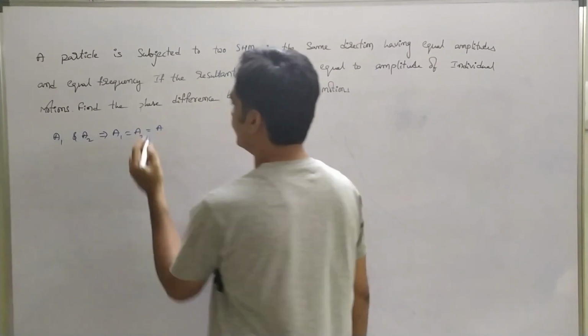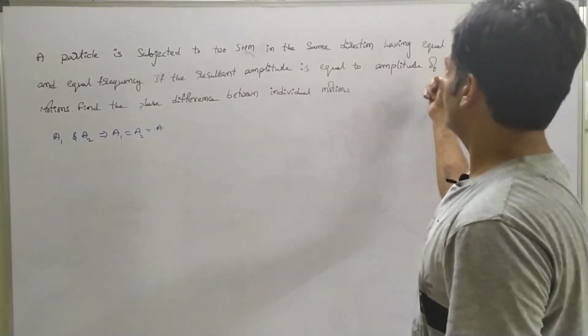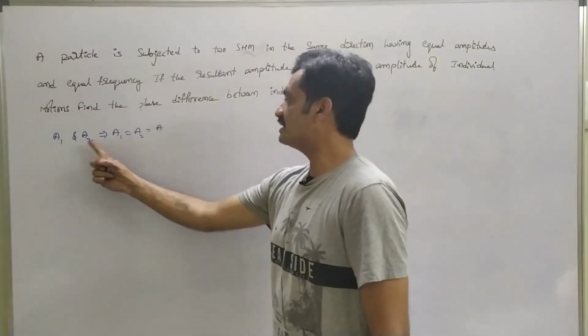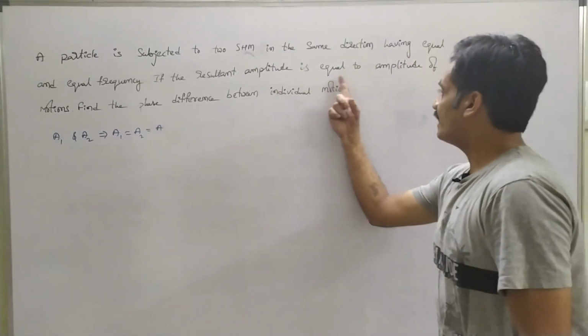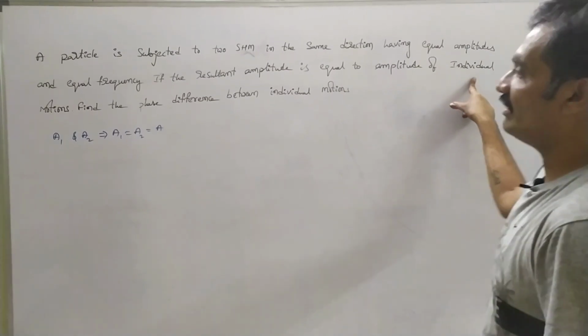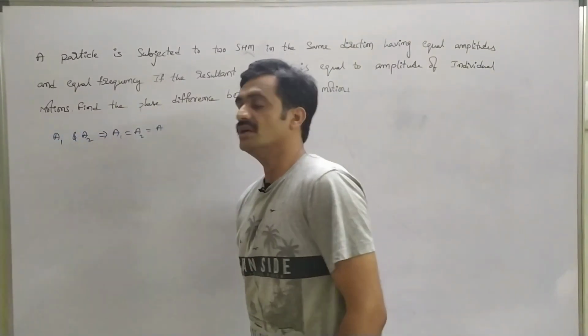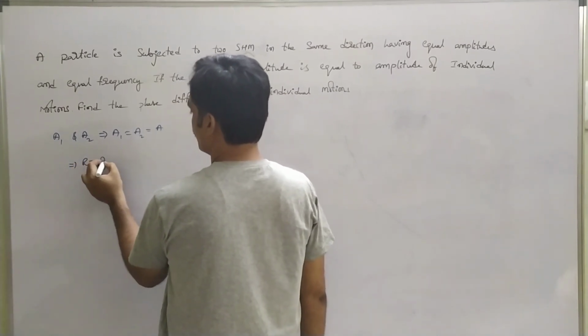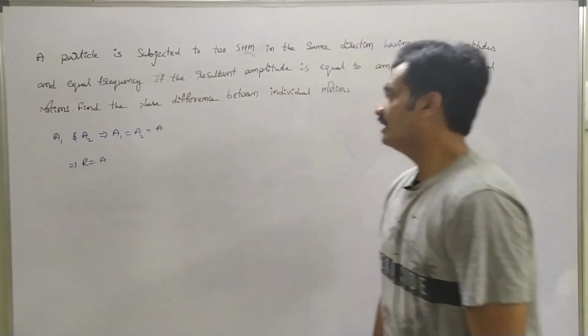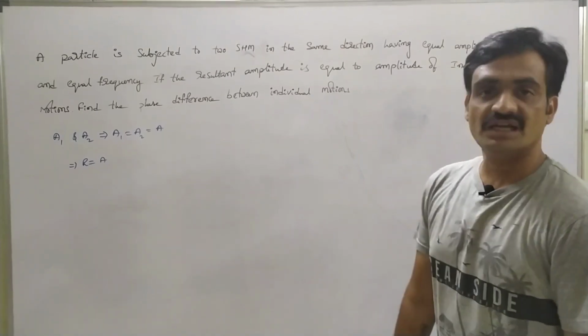Let us consider it as A, and equal frequency. Both have equal frequency. If the resultant amplitude equals the amplitude of the individual motion, find the phase difference between the individual motions.